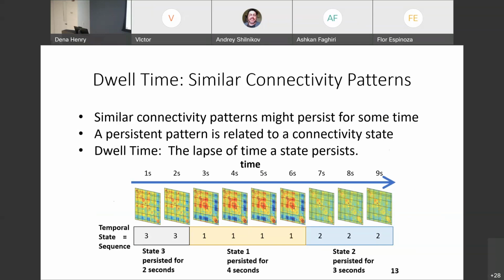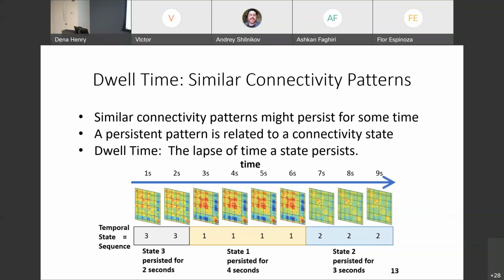In studying dynamic connectivity, we find that there are persistent connectivity patterns. The matrices that change with time don't change randomly and don't change drastically. On the contrary, they have a smooth change with time. And some of the connectivity patterns that you will see will last for some time.